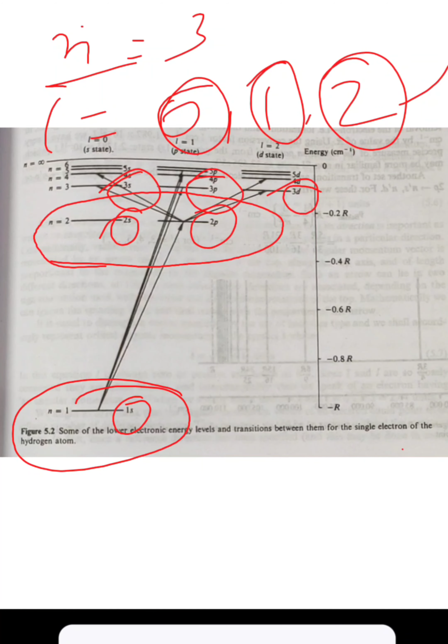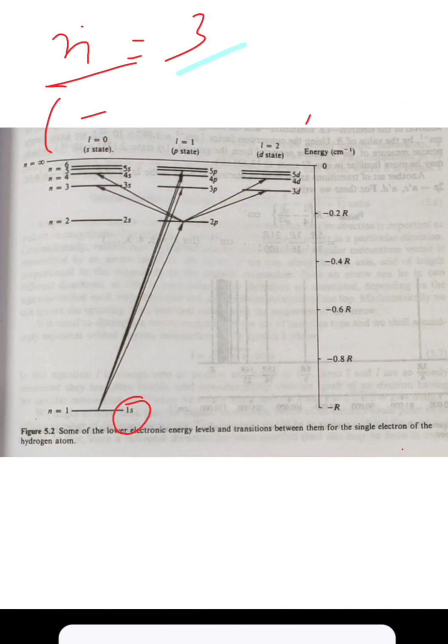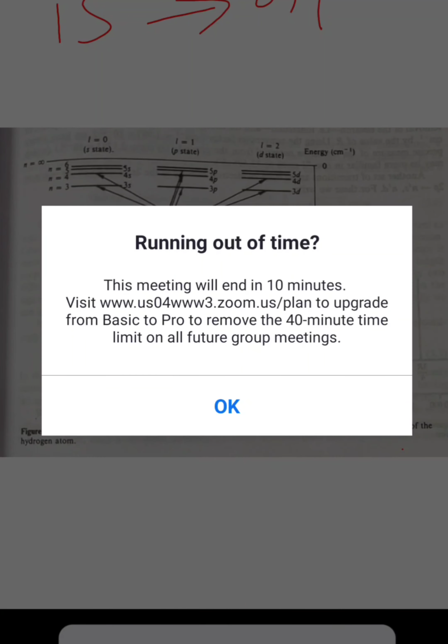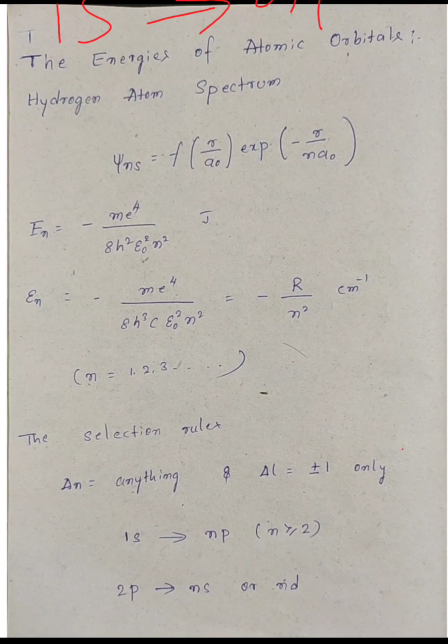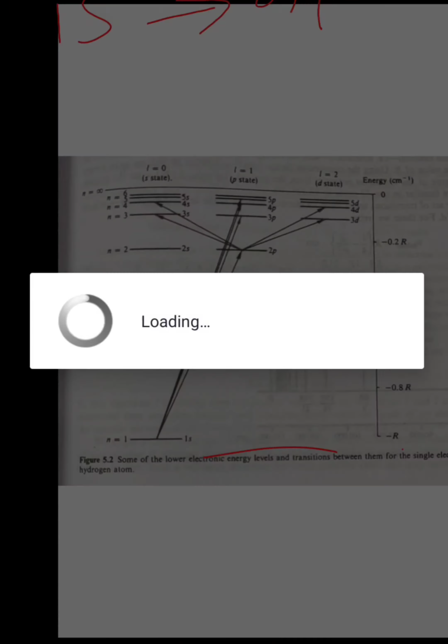Okay, from the selection rule, we already discussed two examples in the selection rule: 1s to np, and another example is 2p to ns or nd.